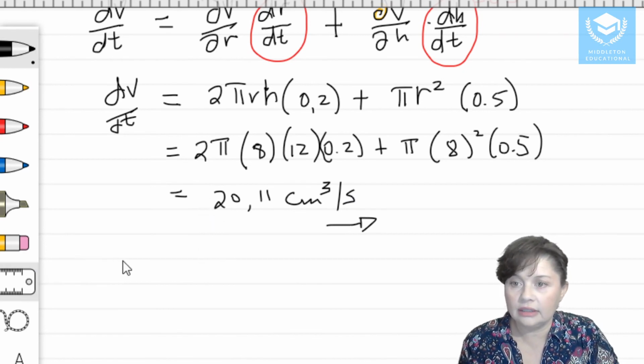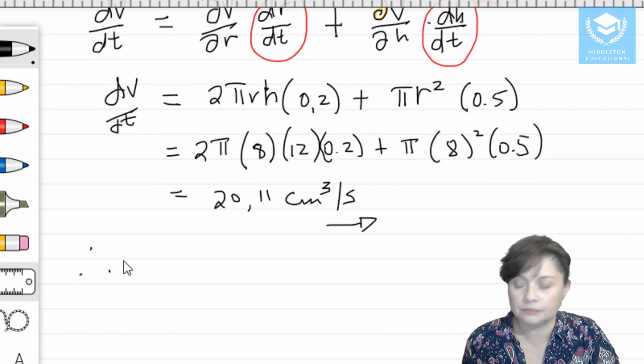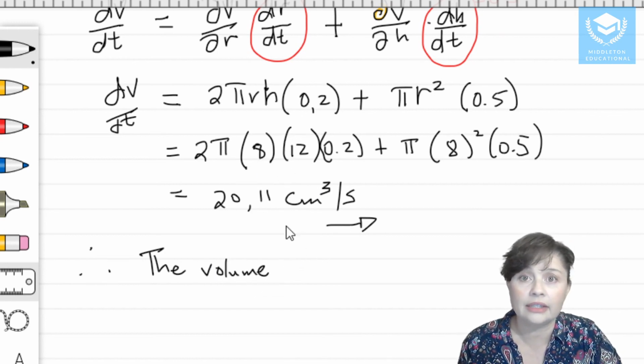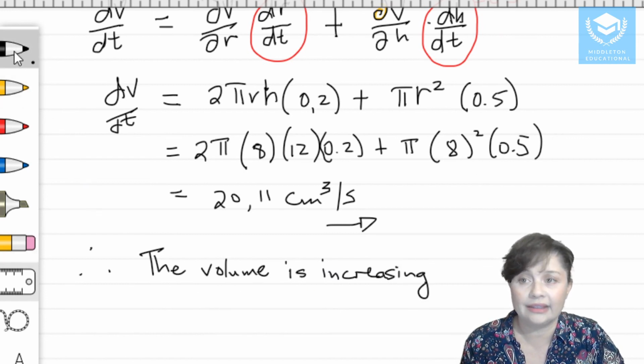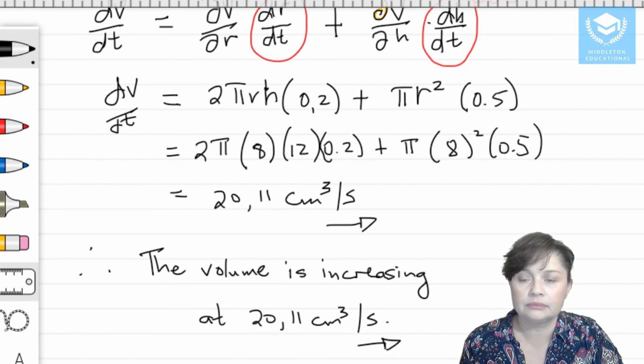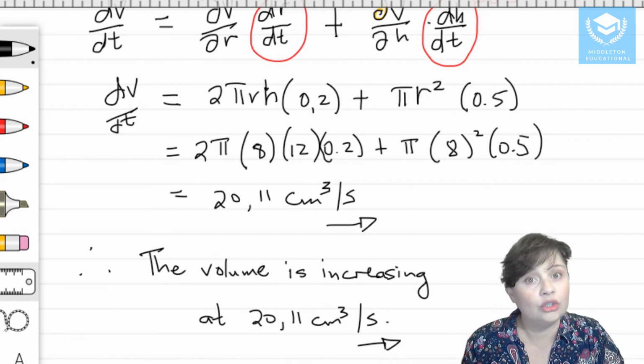You can say, therefore, the volume, and this is obviously at that instant where your r is 8 and h is 12, is increasing at a rate of 201.1 cubic centimeters per second. Okay, and there you have it.